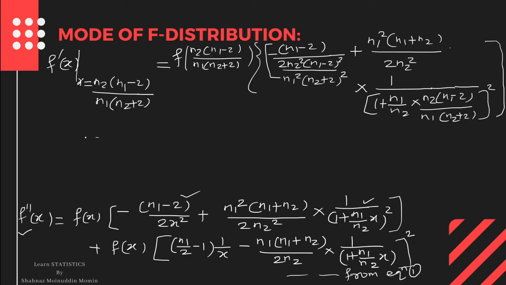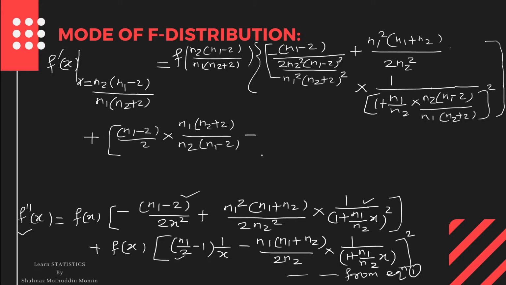Now I will write the second term as, let me simplify this bracket as n1 minus 2 by 2 into 1 upon x, which means I will take the reciprocal of the value of x, n2 n1 minus 2.